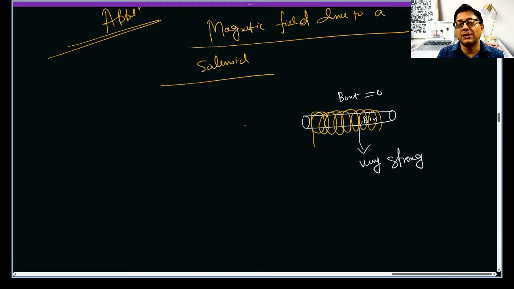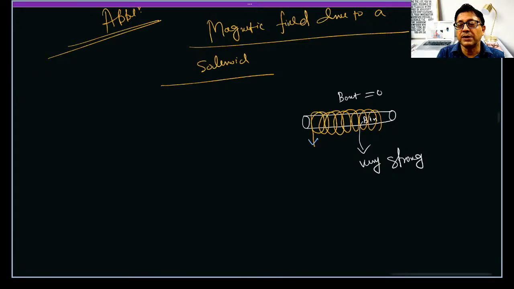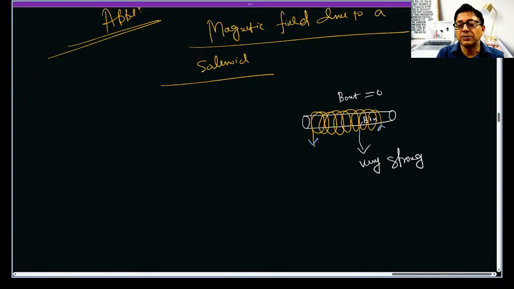But if you don't send current, this is not possible. You send a current in a particular direction, coming out this way, going in this way. Due to this solenoid, you want to find the magnetic field inside or outside. Outside, I told you 0, but we need to prove it.